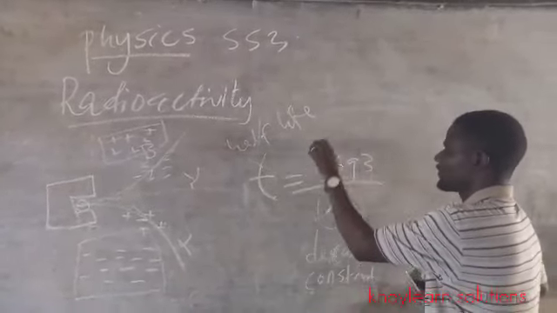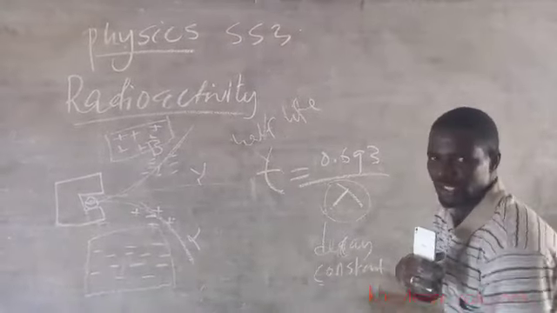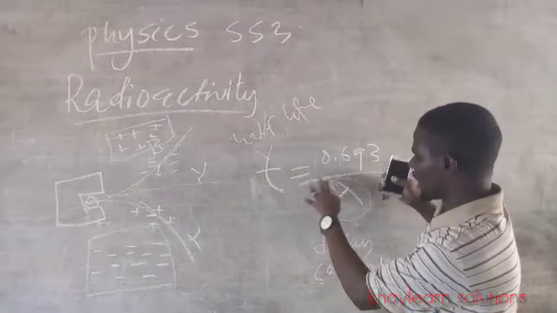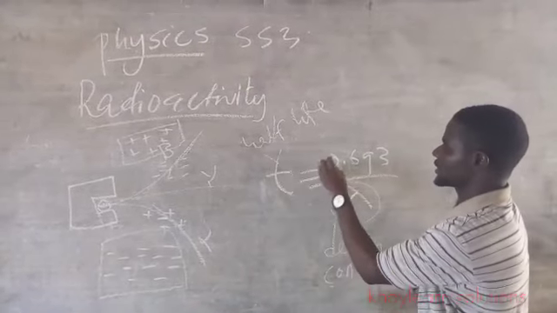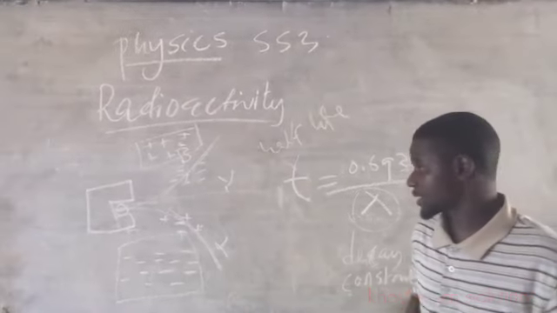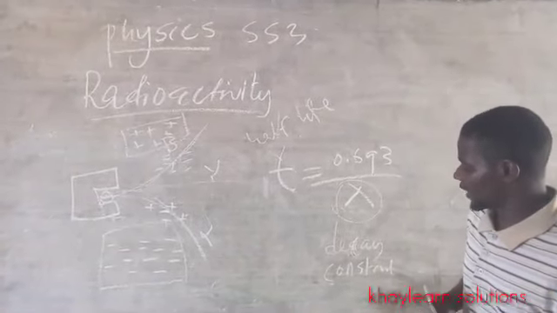This is a numeric value gotten by integration and differentiation. So this is the half-life of a radioactive substance: T equals 0.693 over lambda, where lambda is the decay constant and T is the half-life.